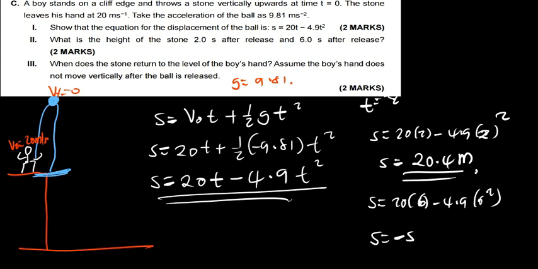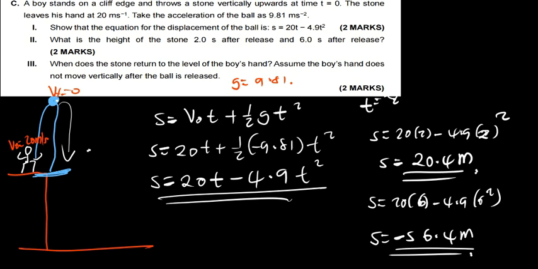It is the displacement, so it is making sense to have negative. So when t was equal to 6, the displacement was negative 56.4 meters. That would mean to say it has reached that point and it is now coming down. That's why the displacement is negative.